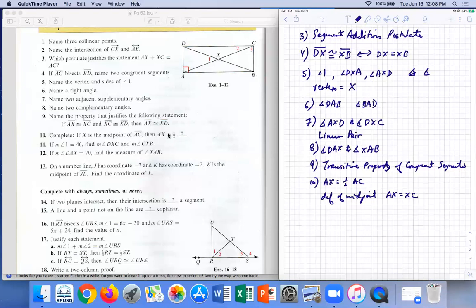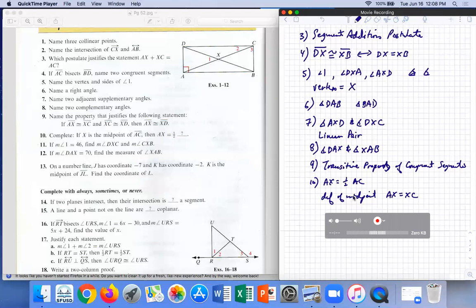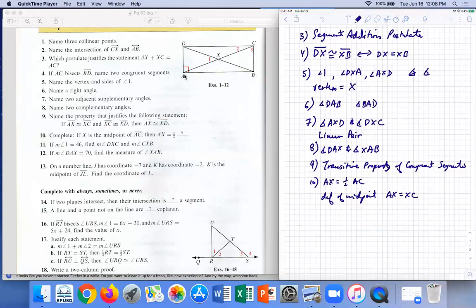Midpoint theorem is the way I remember the difference between definition of midpoint and midpoint theorem. I remember the definition of midpoint, which is a point that divides a segment into two equal parts. So this would be my two equal parts. The theorem deals with the whole segment. So when you have midpoint theorem, it will say one part is equal to half of the whole, right?